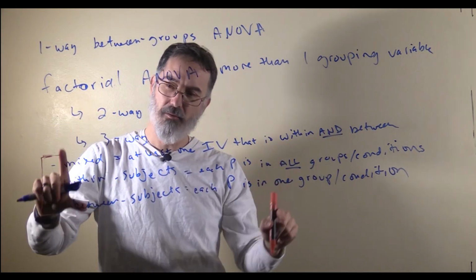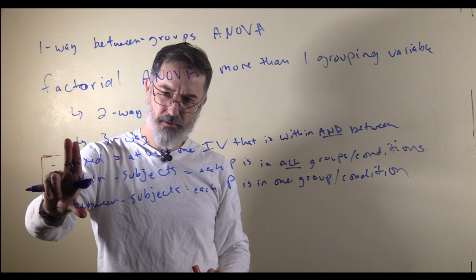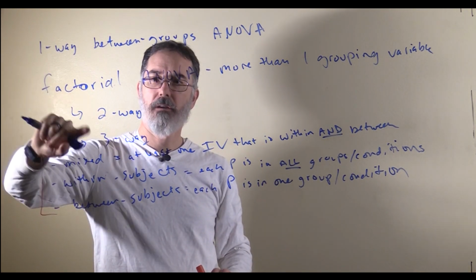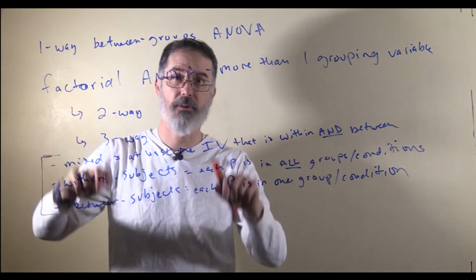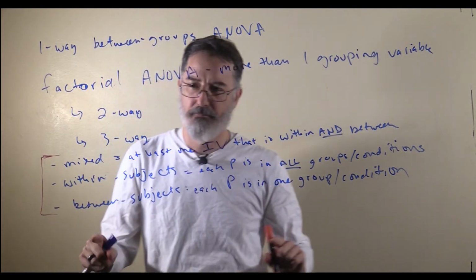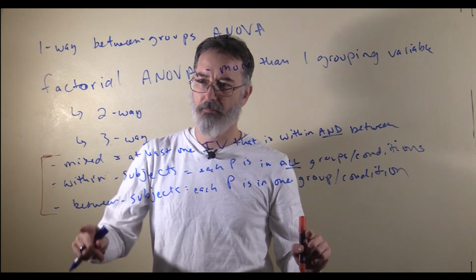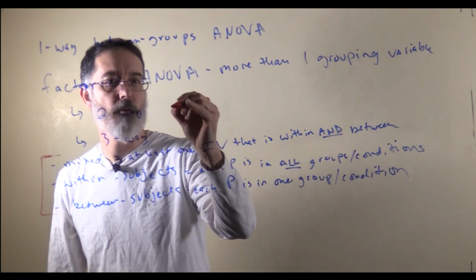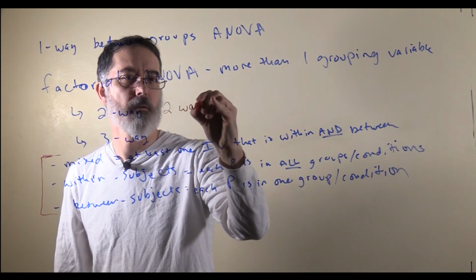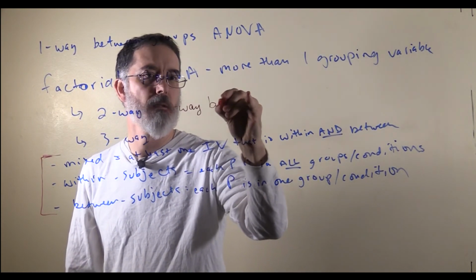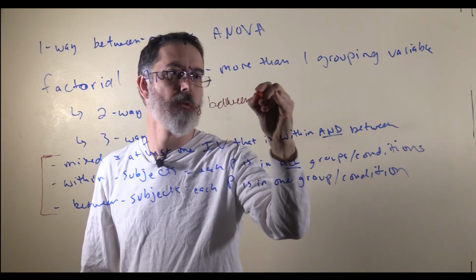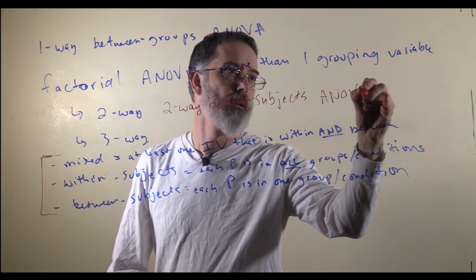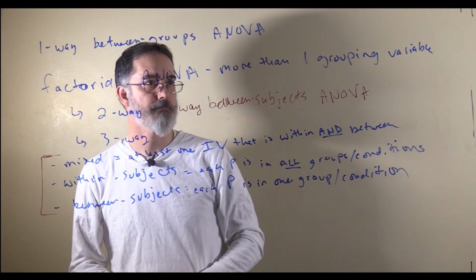When you're naming an ANOVA, you indicate whether the variables are within or between and how many independent variables there are by saying how many ways. So if I have two variables and they're both such that each person is in only one condition of each variable, that would be a two-way between subjects ANOVA, or analysis of variance.